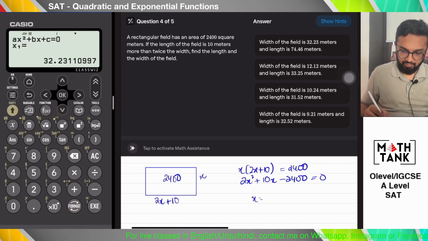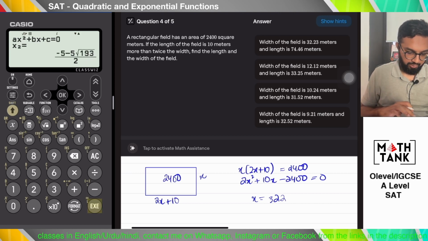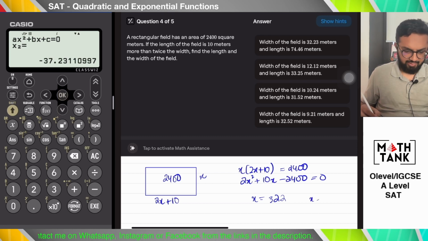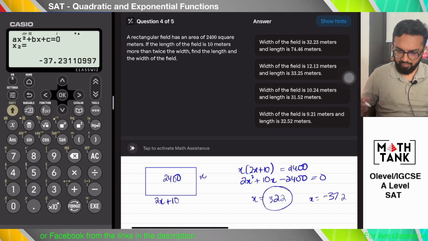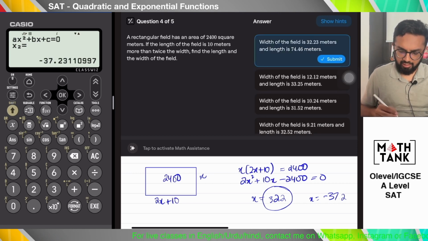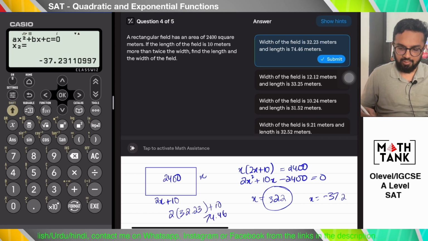So x is coming out as 32.2, or the other number that x is, minus 37.2. So that doesn't float my boat. I'm just going to take 32.2. The length is 32.23. Okay, I can verify: 32.23 times 2 plus 10 gives me 74.46. That should be the correct answer.